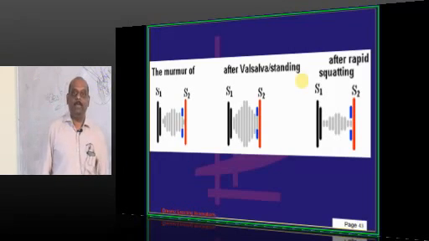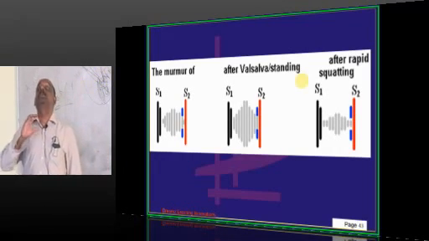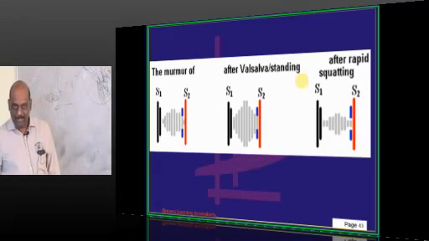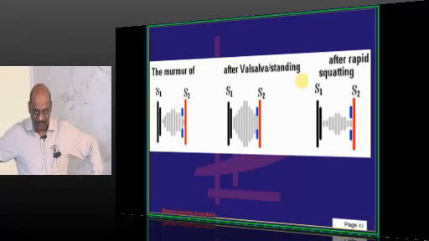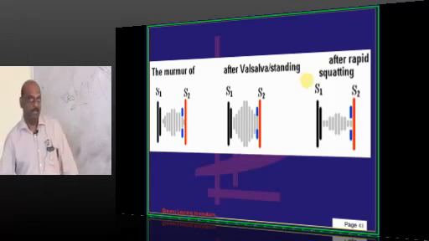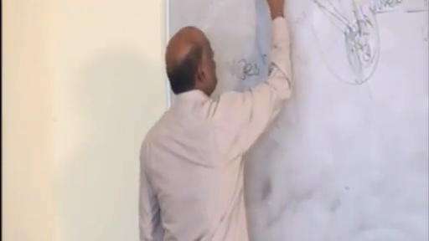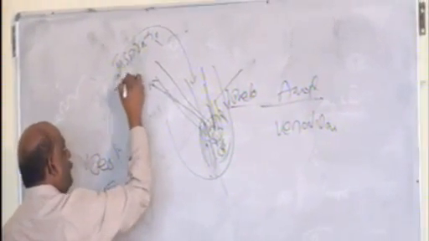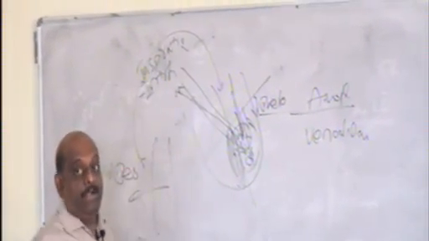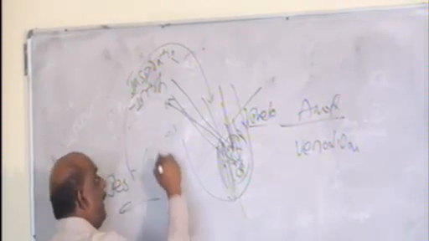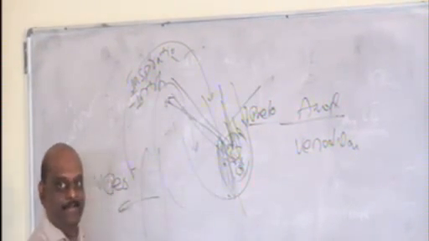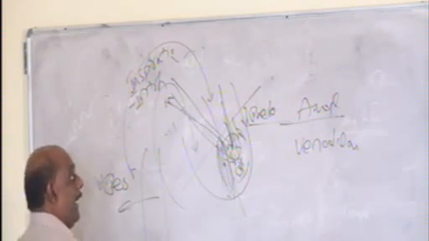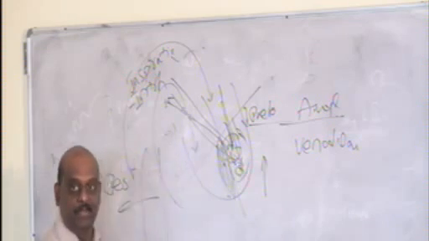What happens with the Valsalva maneuver? Valsalva is forced expiration. With inspiration, what will happen? When you inspire air, there is a negative intrathoracic pressure. When negative intrathoracic pressure is there, blood is sucked into the heart. It has the sucking ability. Hence the filling will be more.